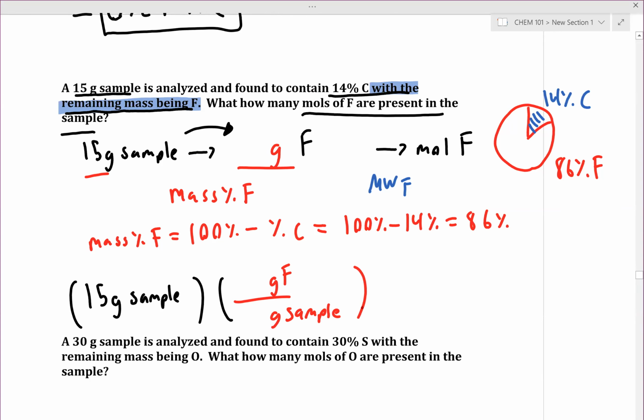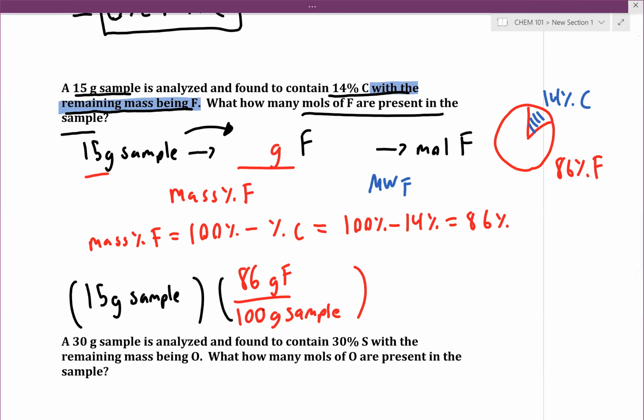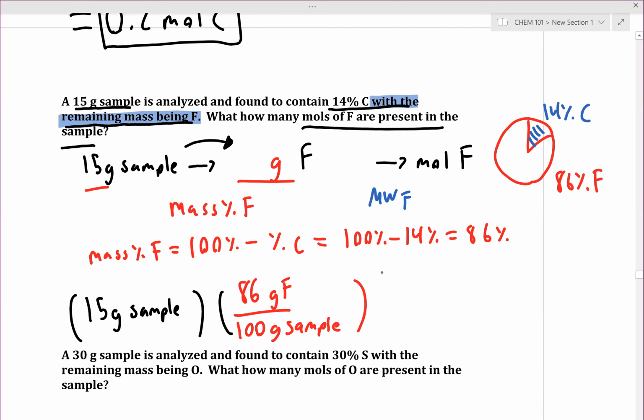What does that tell us from mass percent? 86 grams per how many grams of sample? 100. Okay, perfect. One more step remaining. If we're going from grams of fluorine to moles of fluorine, in 1 mole of fluorine, we have how many grams? 19, yep.